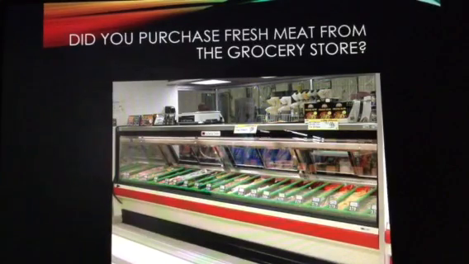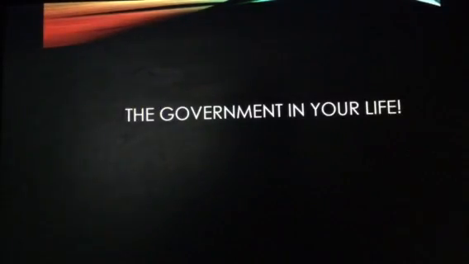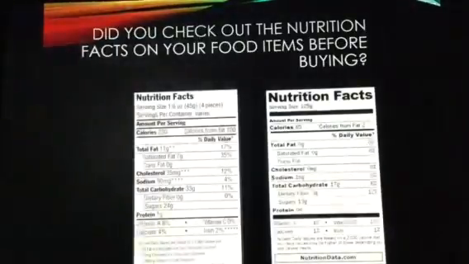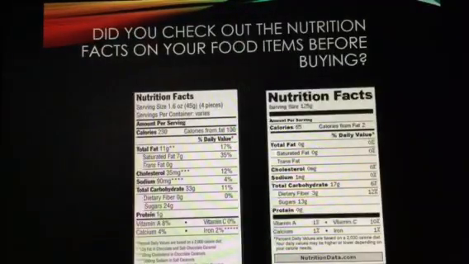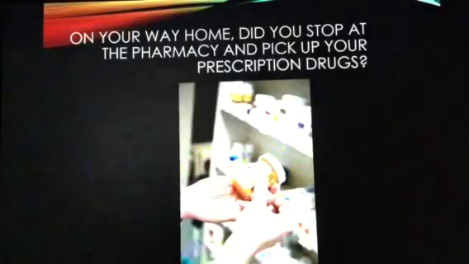Did you purchase fresh meat from the grocery store? Meat marked by the USDA as satisfaction guaranteed? That's government in your life. Did you check out the nutrition labels on your food items before purchasing? Nutrition facts. That's government in your life.